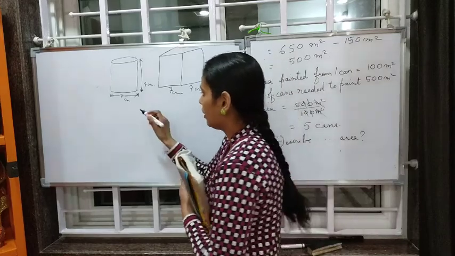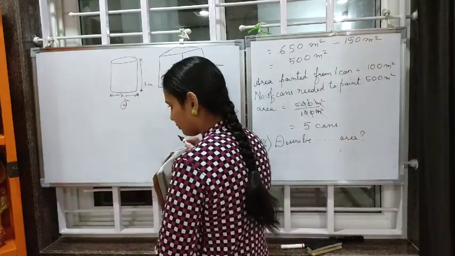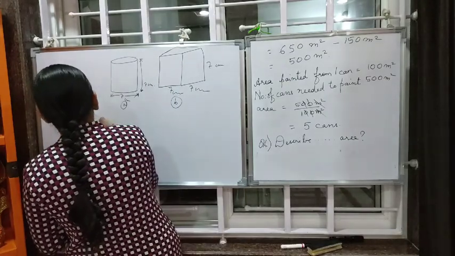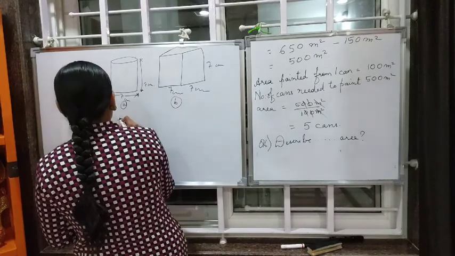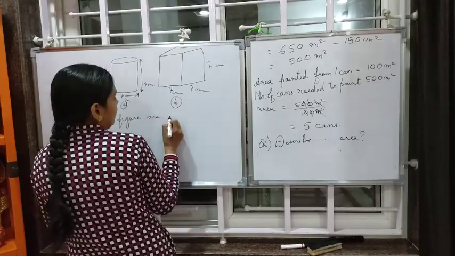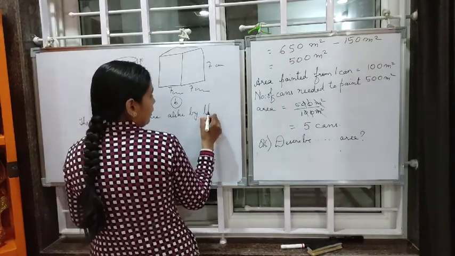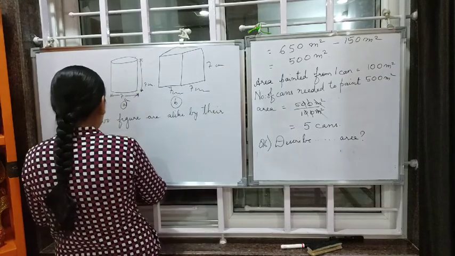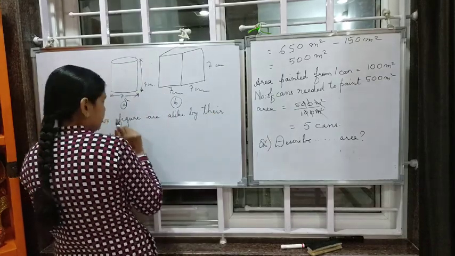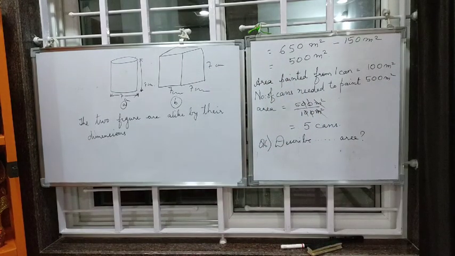Okay, so if we mark this figure A, figure B, we will write: the two figures are alike by their dimensions. Yes, by their dimensions.